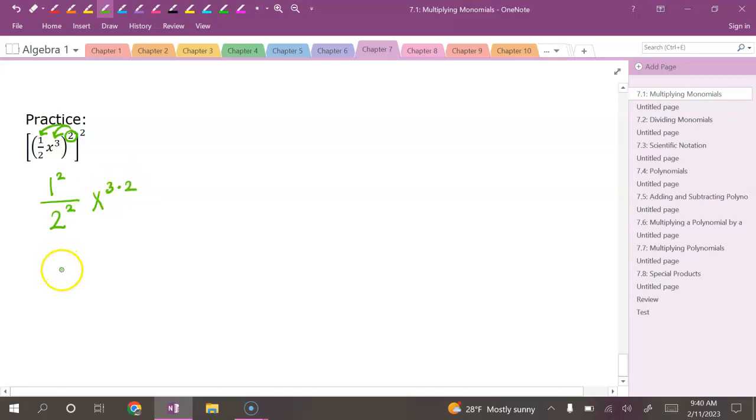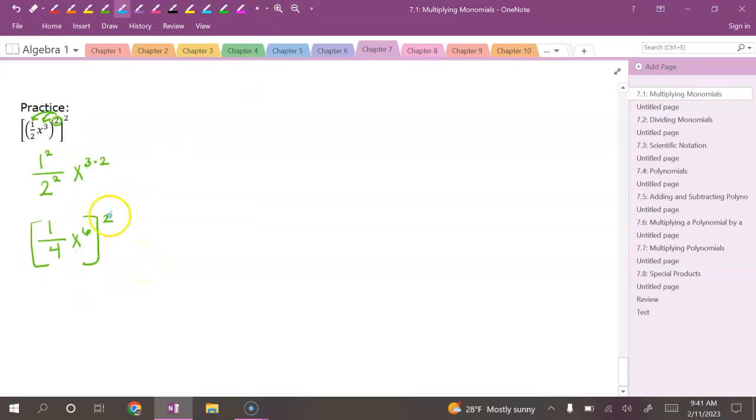And so that comes out to be 1/4 x to the 6th power, and all of that is still being squared. So now I had to do that one more time. So 1 squared over 4 squared, and then x to the 6 times 2, and my final answer comes out to be 1/16 x to the 12th power.